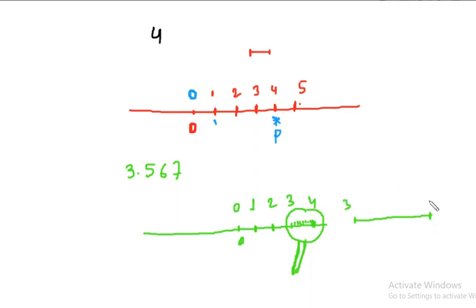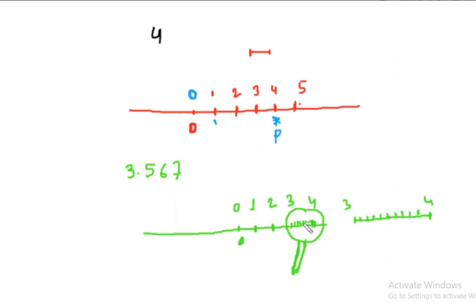This is 3 and this is 4, and we have 10 divisions between them. You go 5 divisions, so you get 3.5, but the number is a little bigger than 3.5, so it will be somewhere in between.